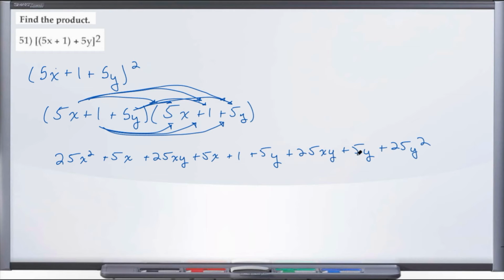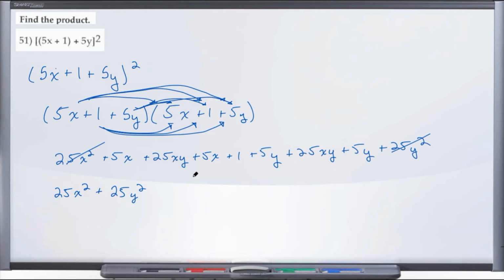All right, so a long string of terms. Let's go ahead and see if we can combine and clean this up. So we have 25x squared. I don't have any other x squared, so this will just come down. We can write the next square right after, so plus, and then no other y squared, so plus 25y squared.